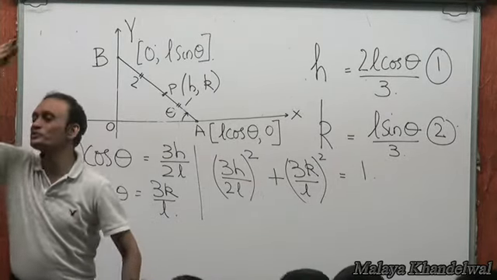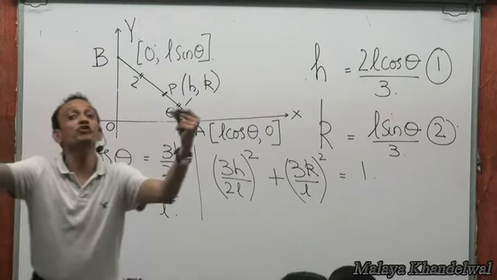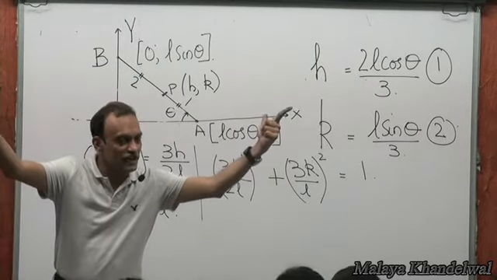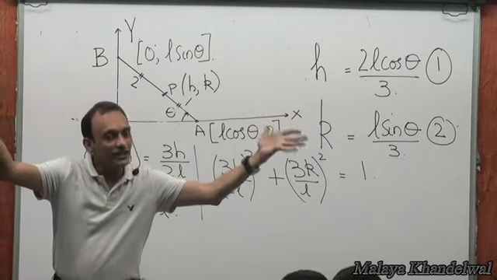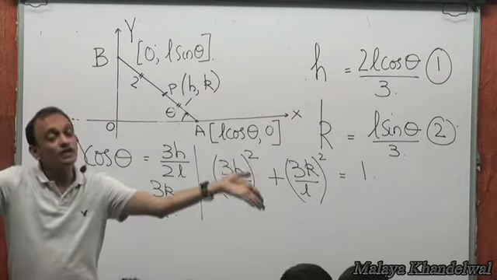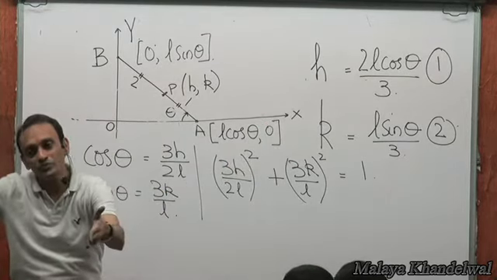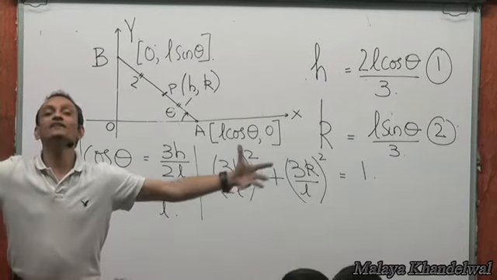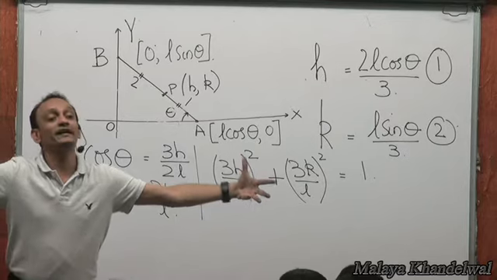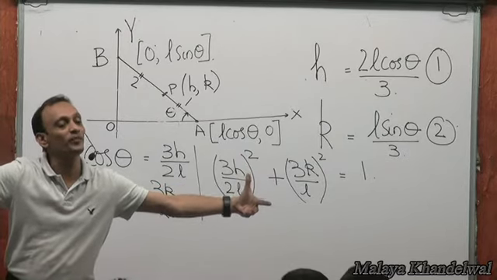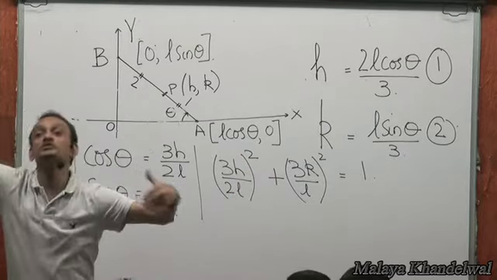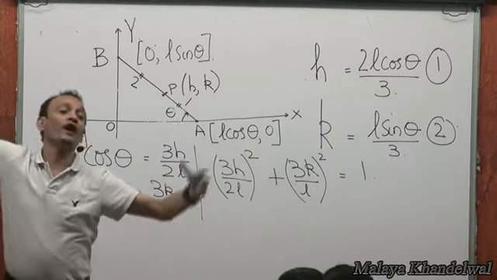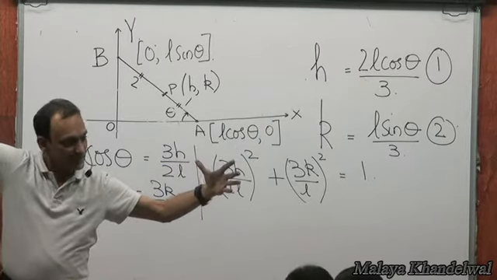If it's true for all positions of P, this is ready for generalization. That means you can replace h by the x coordinate of the moving point P, k by the y coordinate of the moving point P, and that will give you an algebraic relationship connecting the x and y coordinates of the moving point P for all positions of the ladder, for all values of theta. Yes or no?